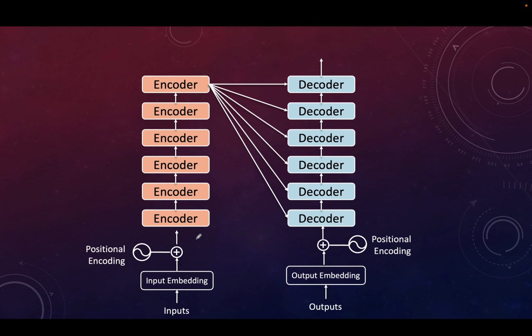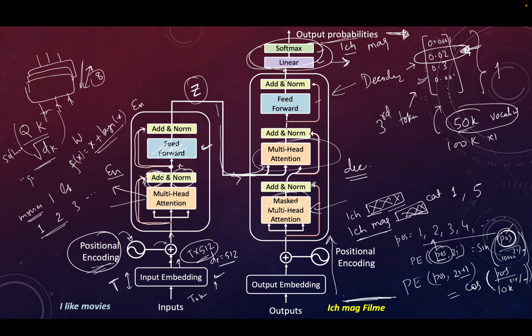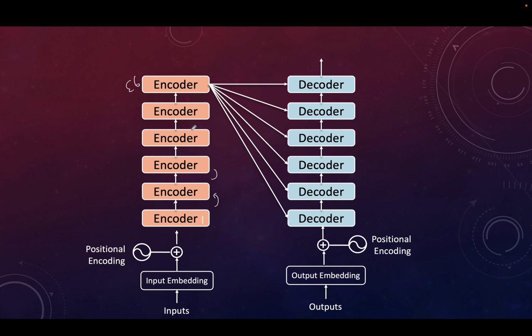So this input goes to encoder 1, and then its output is fed to encoder 2, and then encoder 3, 4, 5, and encoder 6. The structure of all these encoders will be exactly the same, just like this encoder, but their weights will be different. So there is no weight sharing, and the same structure.